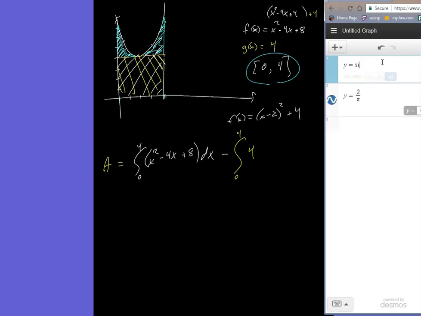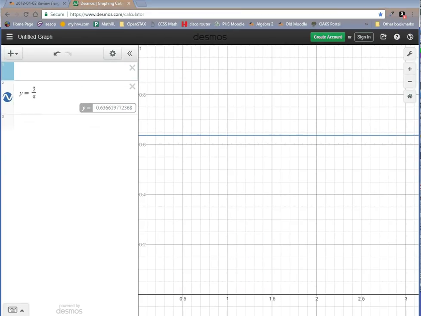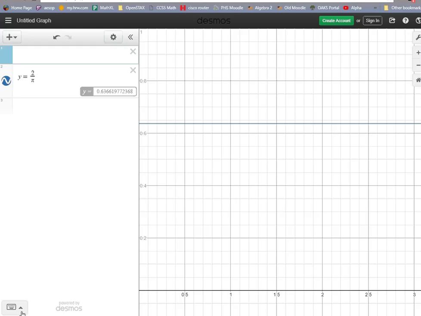So if we want to add up the area under, I can't remember how you do this in here. This would be a good thing to figure out together real quick. You guys done integrals on Desmos? Okay, I know there's a pretty slick way to do it.